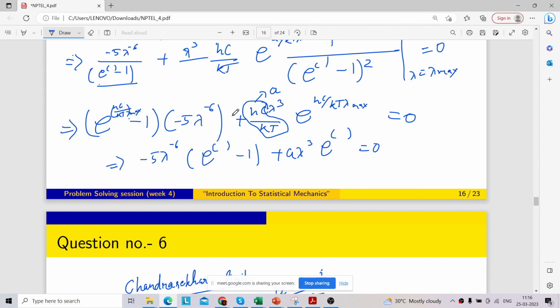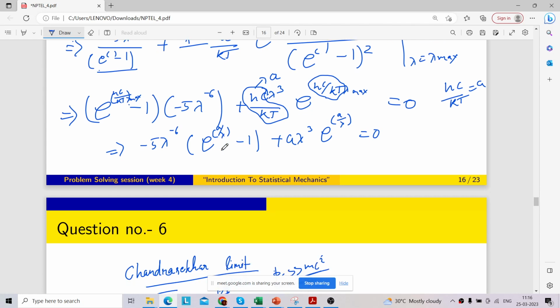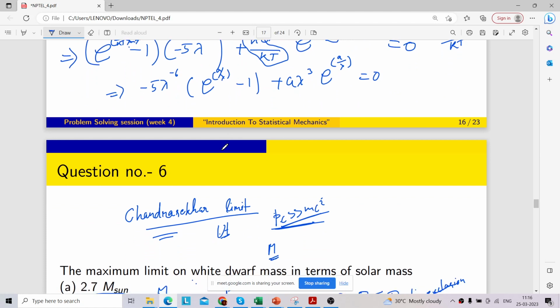So you see in this hc over kt I have taken as a, so I have hc over kt also here, so it will be a over lambda, and here also a over lambda. So what we can do then? Did I do some mistake?